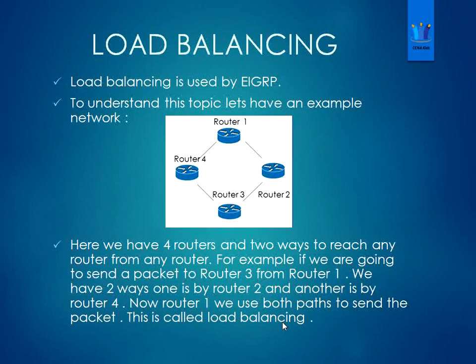For example, if we are going to send a packet from router 1 to router 3, so we have 2 ways, that is one by router 2 and the other by router 4. So now router 1 will use both paths to send the packet. This is called load balancing.